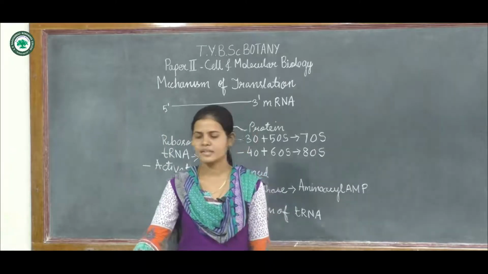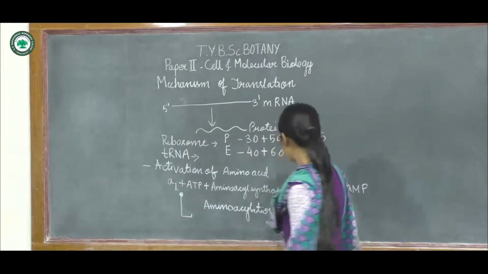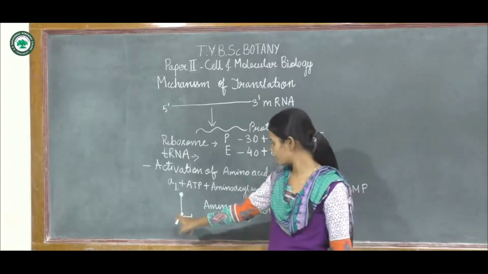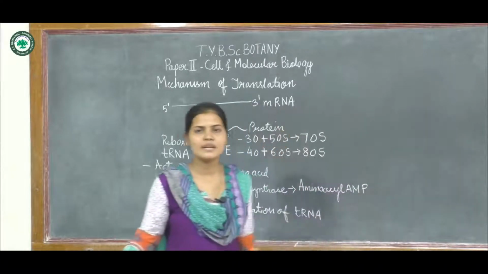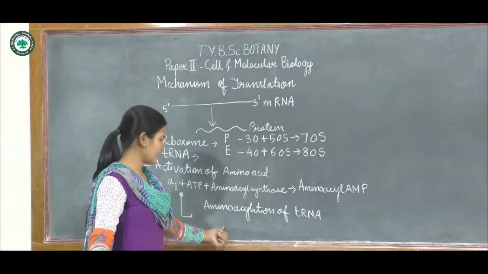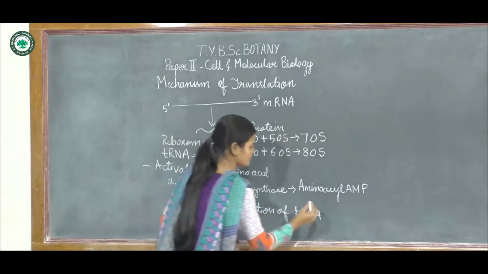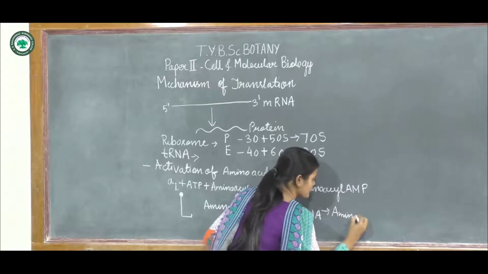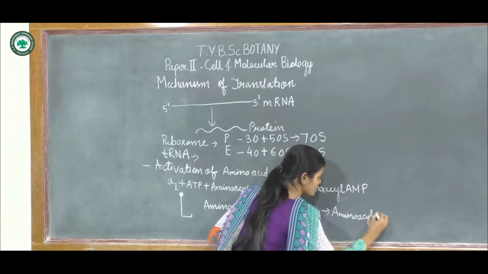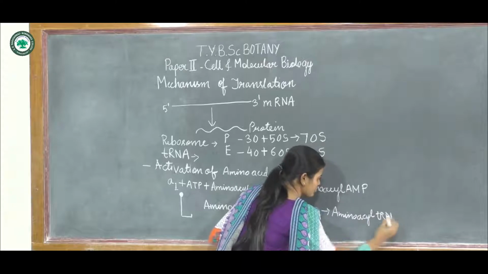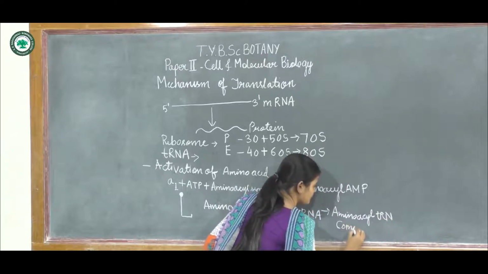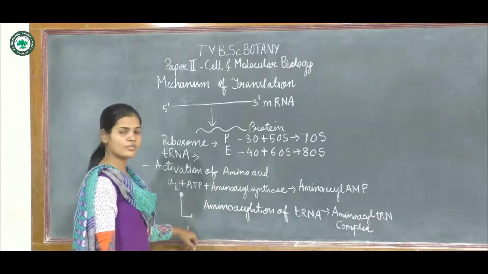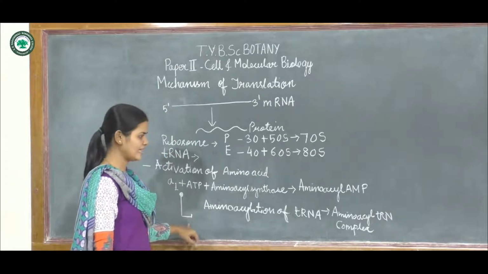Now next we will see this amino acylation of the tRNA. Now this complex, amino acid with tRNA, is called the amino acyl tRNA complex.